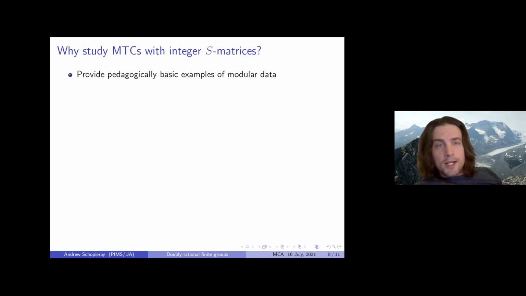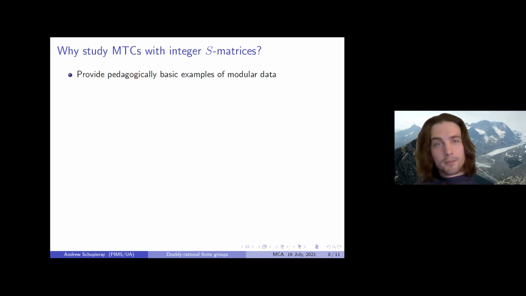So why would we study these things? The first reason is something that mathematical researchers very often don't think about or actively avoid, which is that these examples provide very pedagogically basic examples. What do I mean by this?